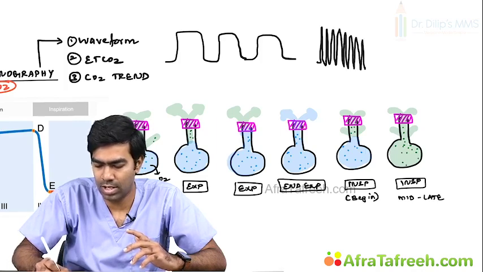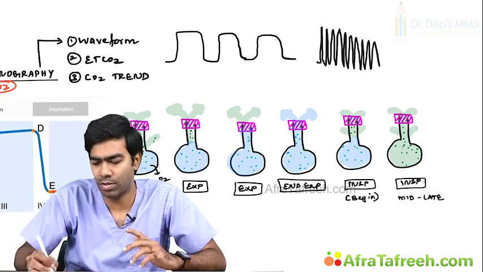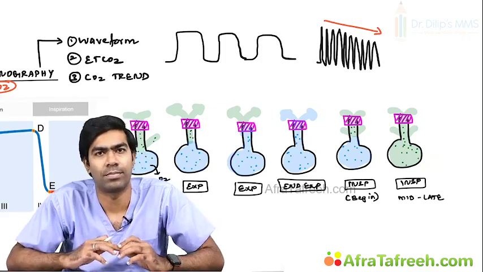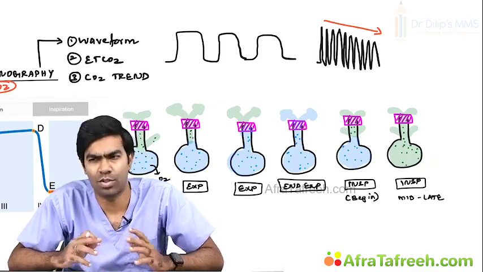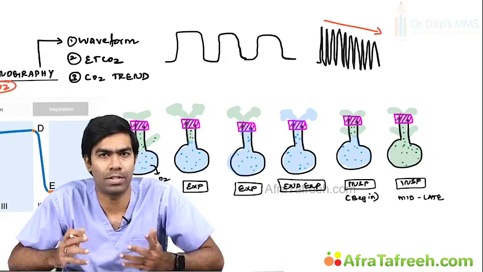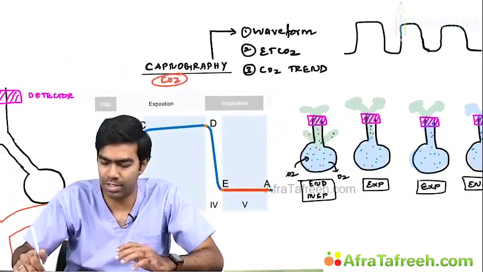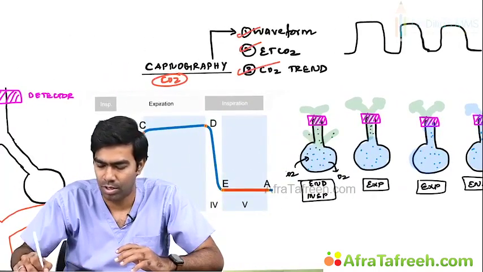So that since they are getting compressed over a period of time, you can see that the trend is actually towards the decreasing side. So this is the advantage of a CO2 trend. So we'll be discussing in some time what do you mean by CO2 trend and how it helps in understanding the capnography. So these are the three principal things that we're going to look out for whenever we are thinking about a capnography.